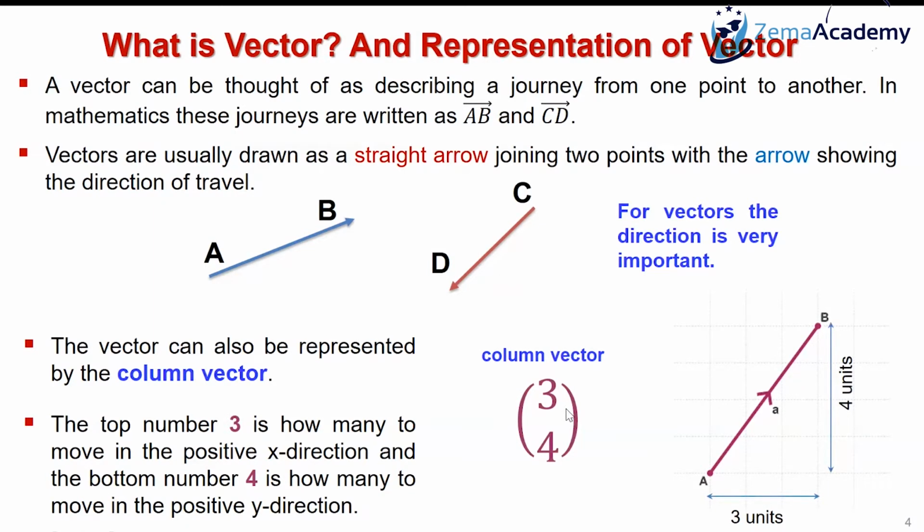This form is called the column vector, and in some mathematics books all the vectors are written in this form. So I'll try to use both these ways in solving problems related to vectors.